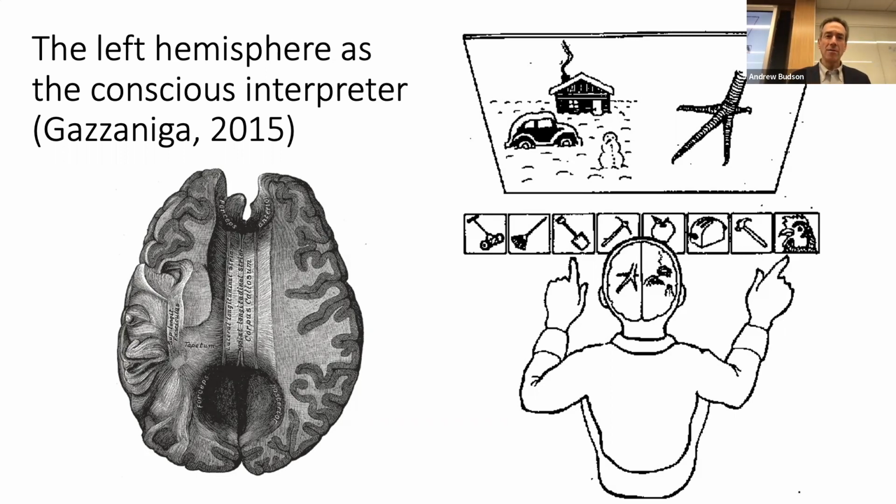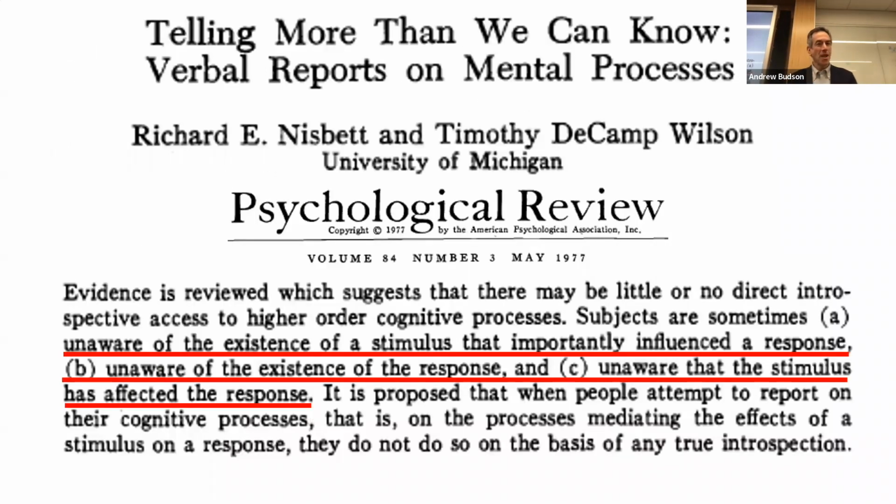Unless you think, well, fine, that's with a split brain patient, but that wouldn't happen to me. It has been known now for over 50 years that people are often unaware of stimuli that influence their responses, or they're unaware that they've made a response, or they're unaware that the stimulus affected their response.